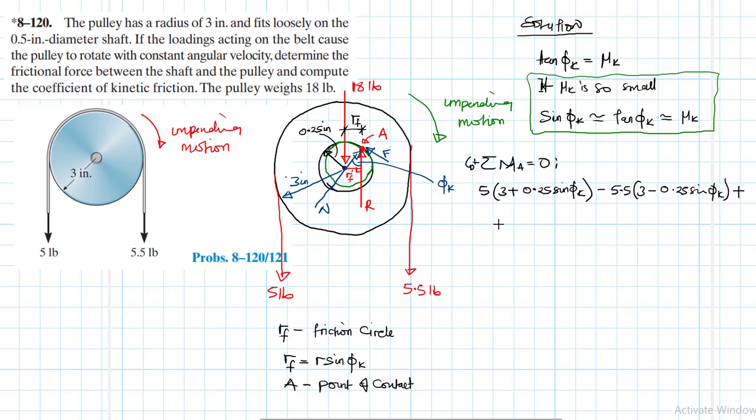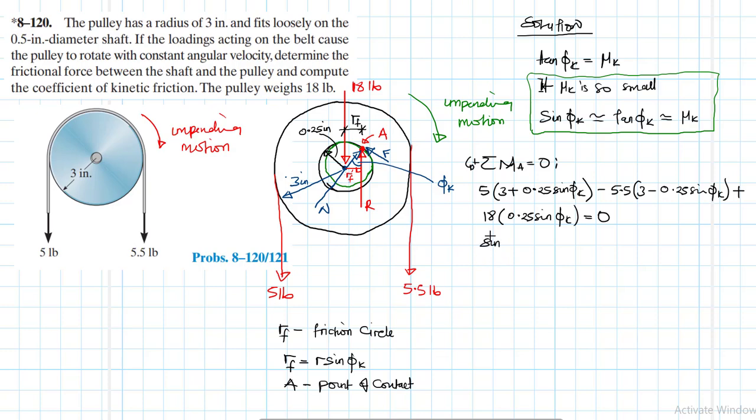Then plus, what else do we have? We have 18 giving us a positive moment, 18 by 0.25 sine phi k, equal to 0. Okay, are we good?